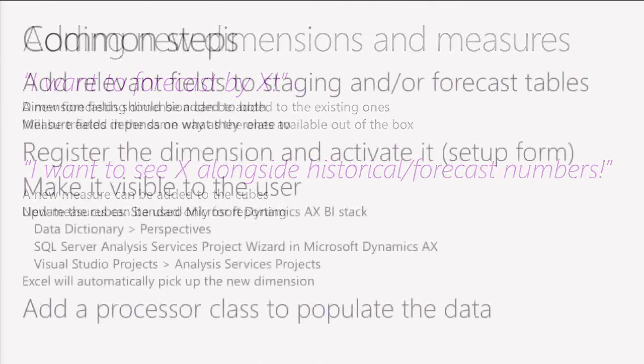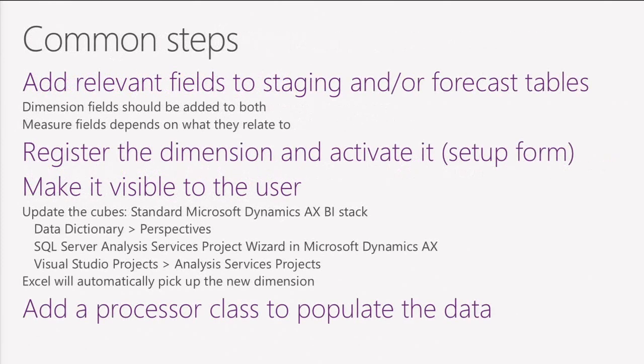What are the common steps to do that? So basically there are four common steps. At the beginning, you need to find the demand forecasting tables and simply add the fields into those tables so they can be further filled by the processors.